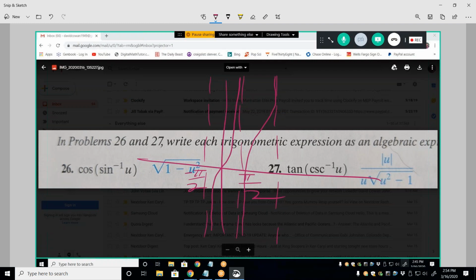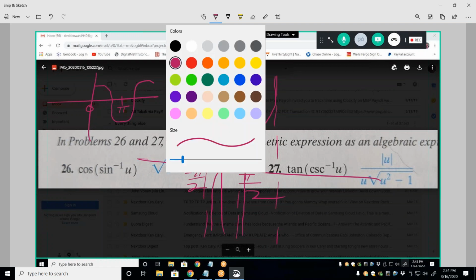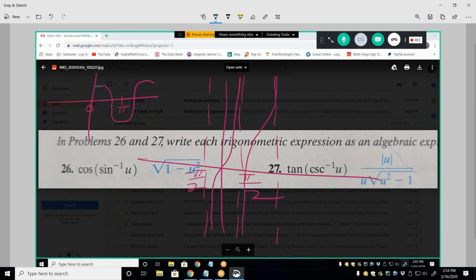Okay. I can't take the inverse of the cosine curve because it's not 1-to-1. But if I restrict the domain in the cosine curve, you restrict it from 0 to pi, so that we're only dealing with this part of the curve. And notice that that green part of the curve is 1-to-1.